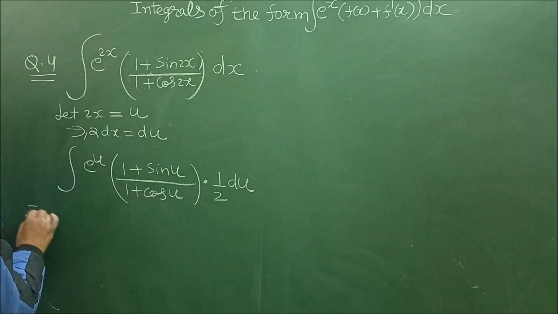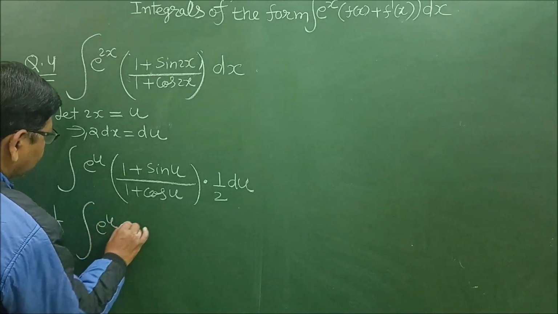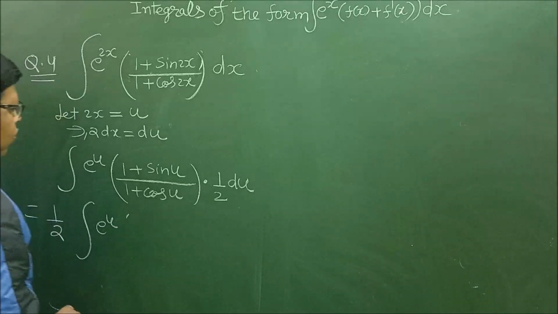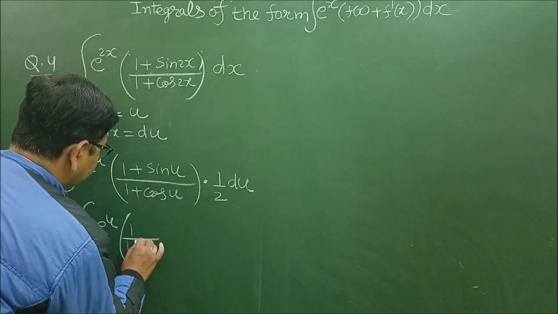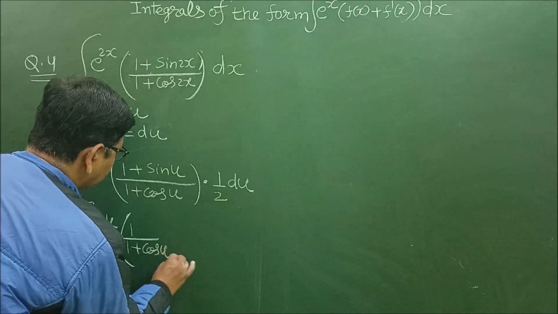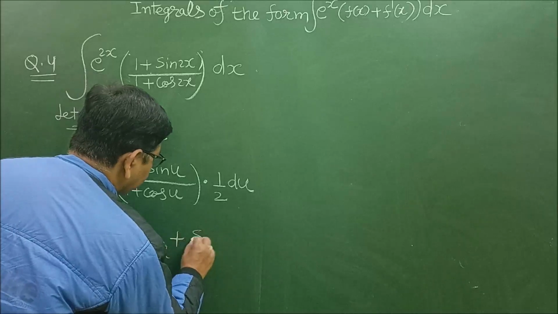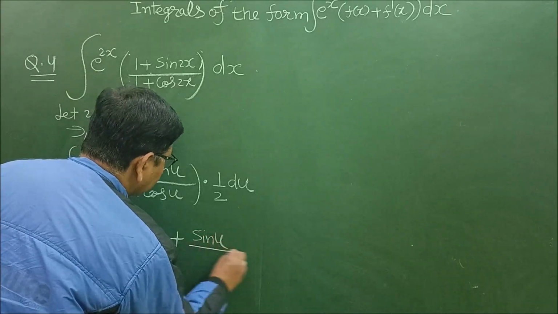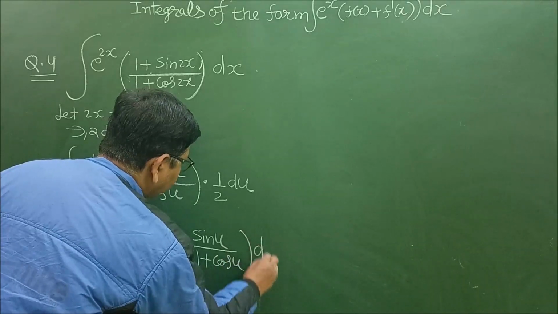Taking this half out of the integral, e raised to the power u into (1 plus sin u) upon, separating it, 1 upon (1 plus cos u) plus sin u upon (1 plus cos u) du.